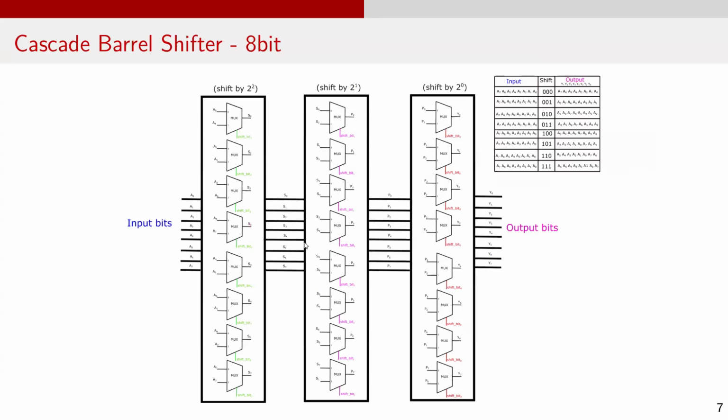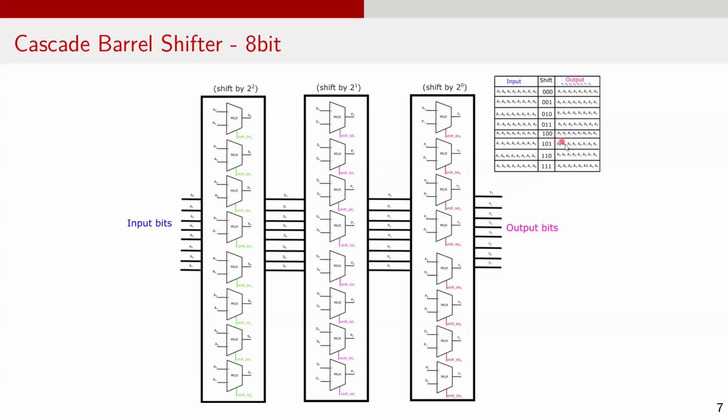For example, if the shift control value is 101, stage 2 rotates the data by 4 positions. In stage 1, the shift bit is 0, so the output is the same as the input, and stage 0 rotates the data by 1 position. This results in a total rotate right operation of 4 plus 1, which is 5.